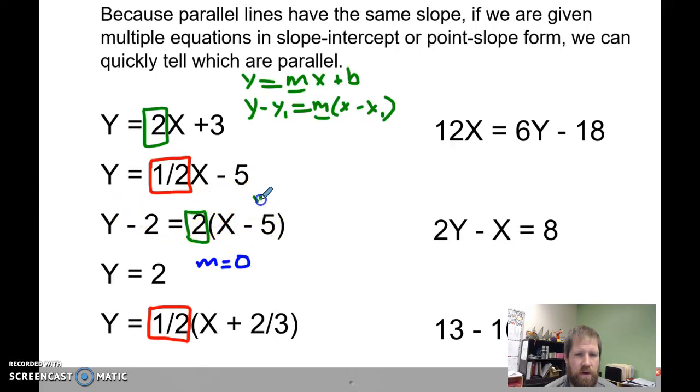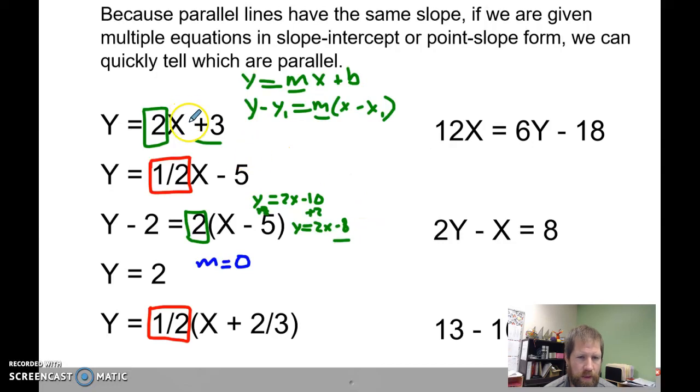So I would have y minus 2 equals 2x minus 10. I'd add 2 to both sides, and I'd have y equals 2x minus 8. Now that I got them in the same form, I can easily tell that these y-intercepts are different, so these two lines are parallel. Slopes are the same, y-intercepts are different.